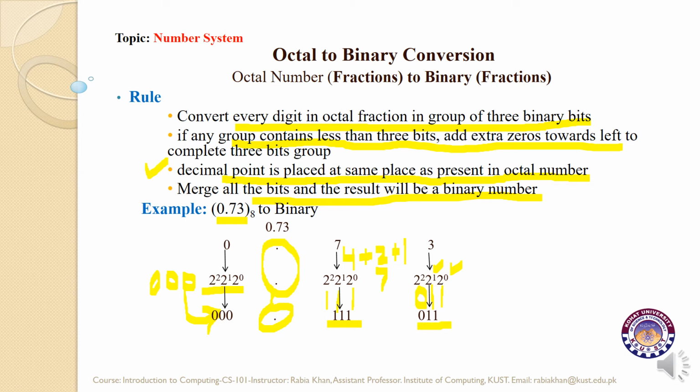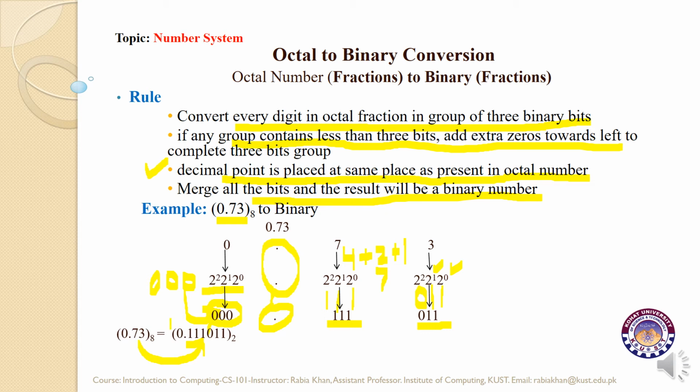Now we merge all the binary fractions. So the answer is 0.73 in base 8 is equal to, with the point staying at its place, so here you can see you have generated 3 zeros, but you do not need to write 3 zeros, as it doesn't change the answer. And I just said zeros towards the left don't change the result.